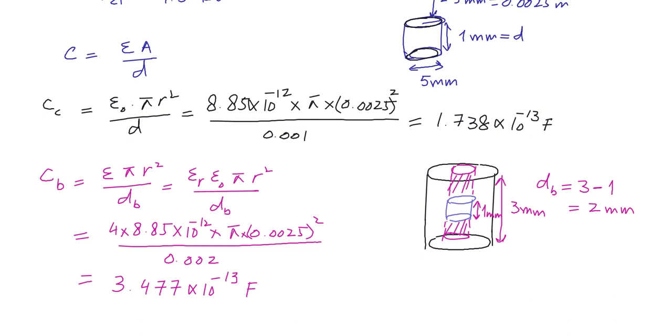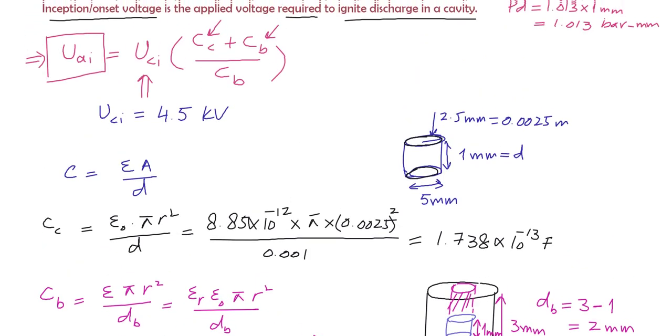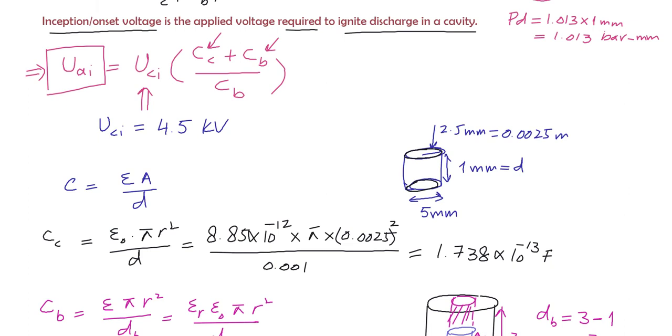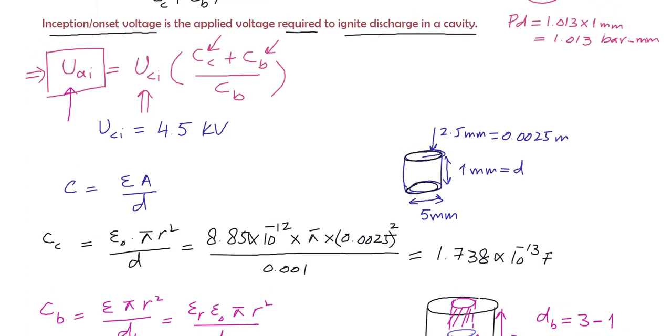Okay, so now we got all the ingredients to get the value of UAI, which is the inception or onset voltage, which can be defined as the applied voltage required to ignite the discharge in a cavity.